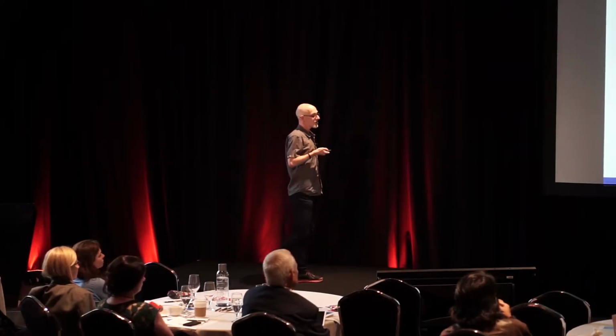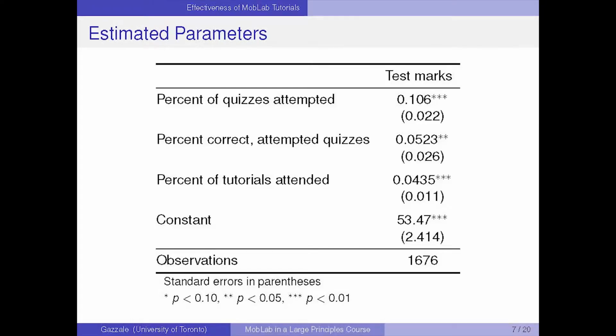I also, in this same model, put in the percent of tutorials attended since the last term test. And I find a significant effect here as well. And so to put this in perspective, it is not uncommon for a student's tutorial participation to range from, for example, 75% to 25%.